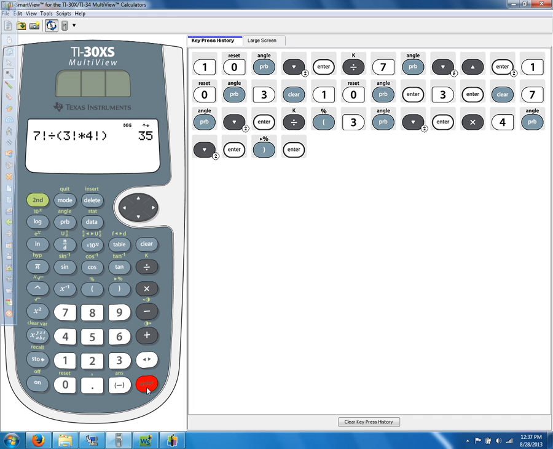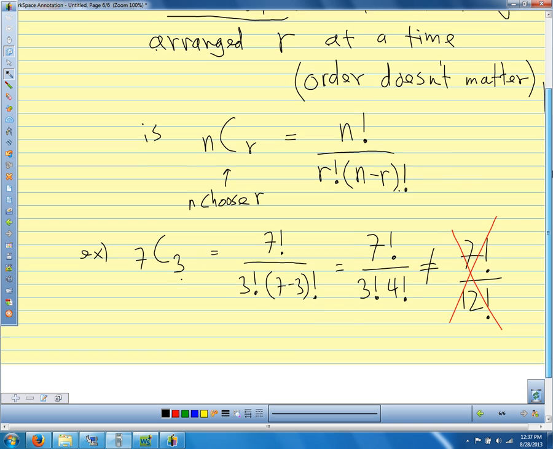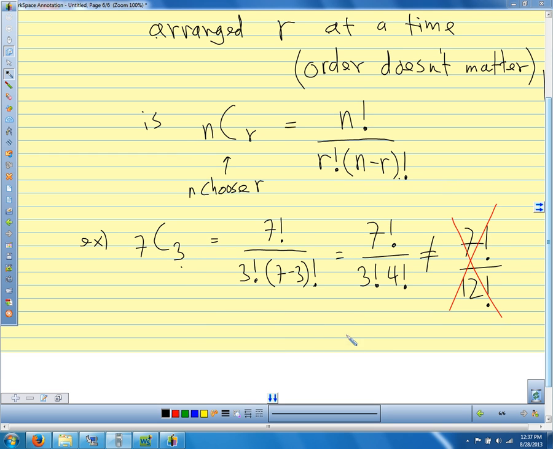And I get 35. So 7C3 is 35, 7P3 was 720. So a lot fewer combinations than permutations.